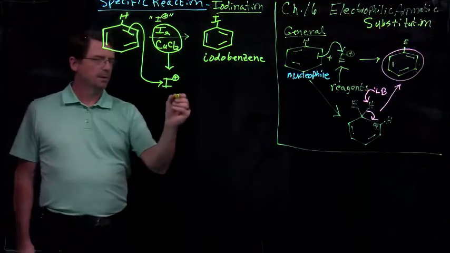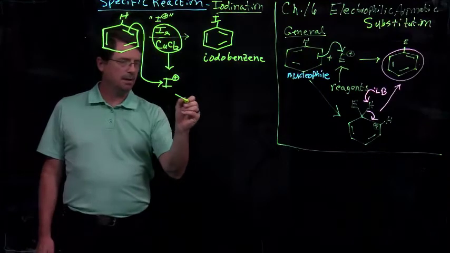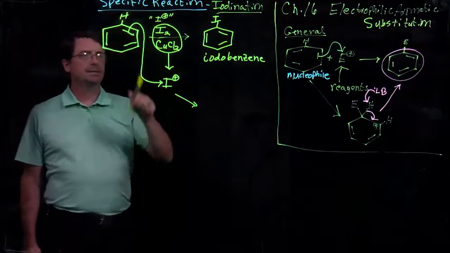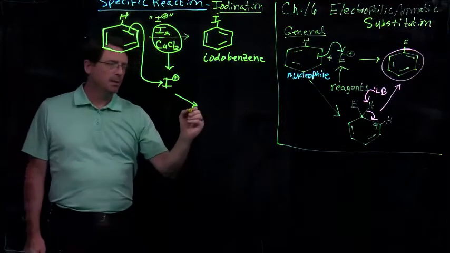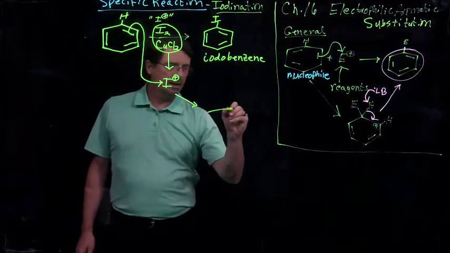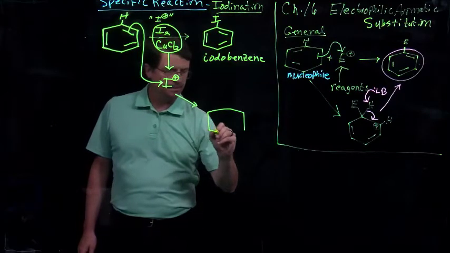It attacks the electrophilic iodine. Now, this step, always the reaction of the electrophile with the benzene ring, generates an intermediate that has lost aromaticity.